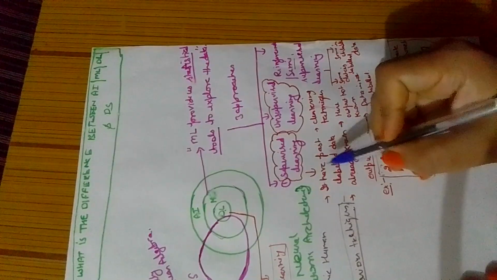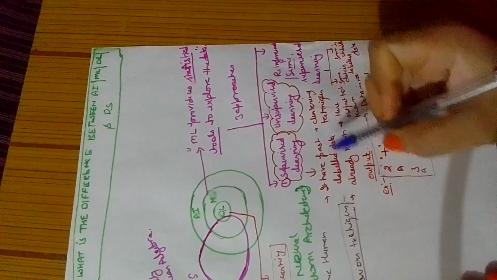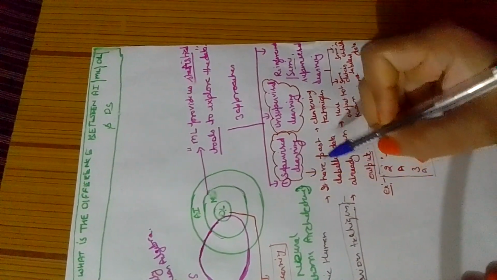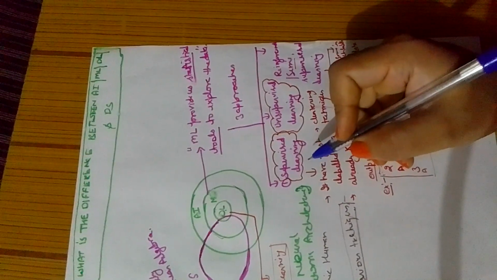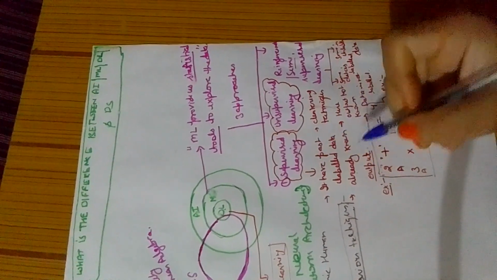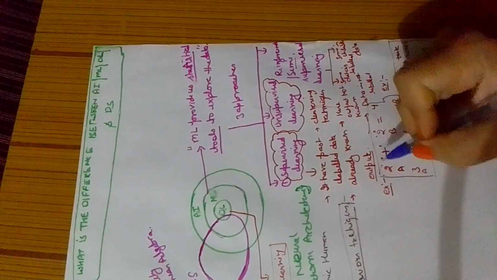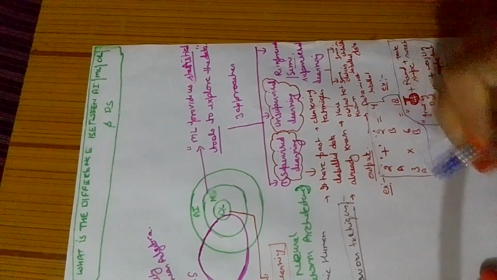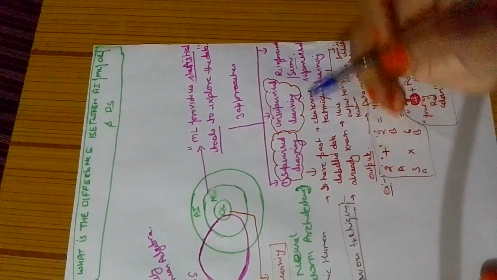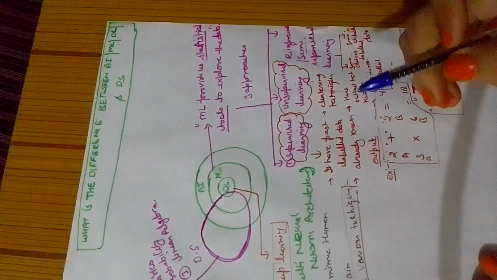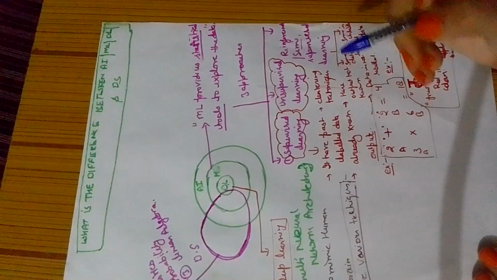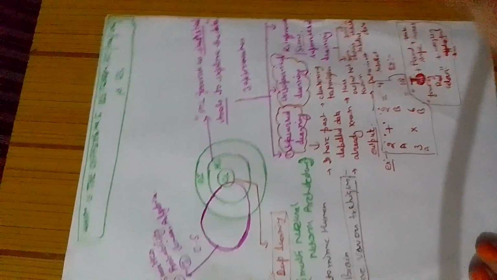In supervised learning, output as well as input is known. For example, 2 plus 2 is equal to 4. That thing I have explained in my previous video. Fine. So please check that video before jumping into this video.